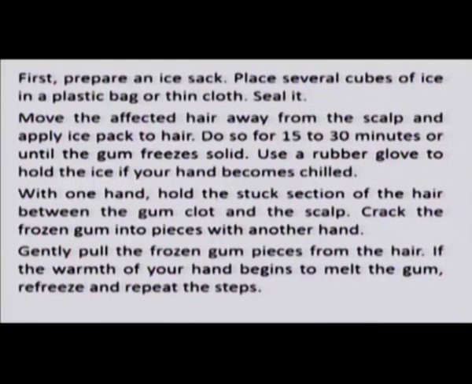With one hand, hold the stuck section of the hair between the gum cloth and the scalp. Crack the frozen gum into pieces with the other hand. Gently pull the frozen gum pieces from the hair. If the warmth of your hand begins to melt the gum, refreeze and repeat the steps.